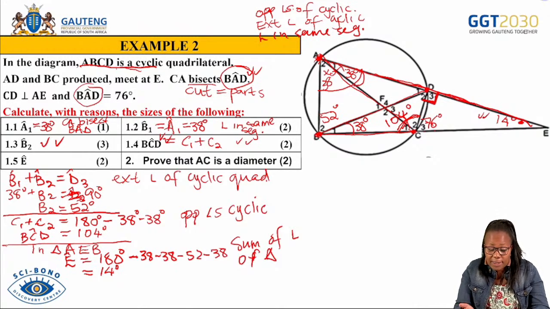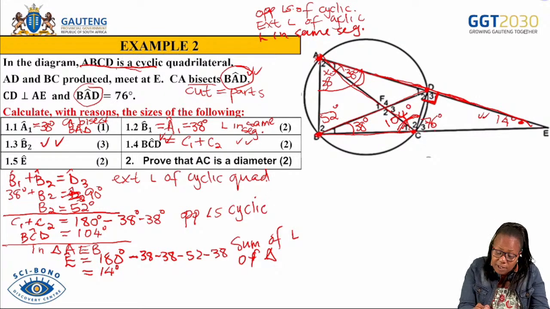And then one other thing now, one question that may arise here is, prove that, which is our number 2, that AC is the diameter. Or you can even calculate, before we go there, the D1 plus D2, it is straightforward. You can find that it is 90 degrees. And then you can calculate D2, grade 12, if you want. In triangle BDC, it is possible to use the sum of angles of a triangle.